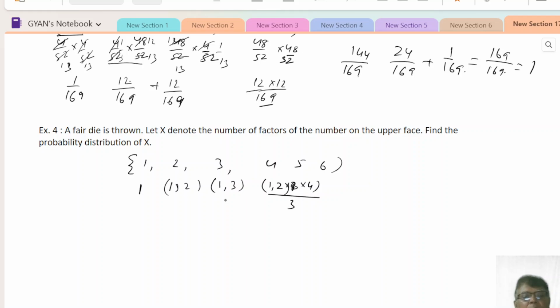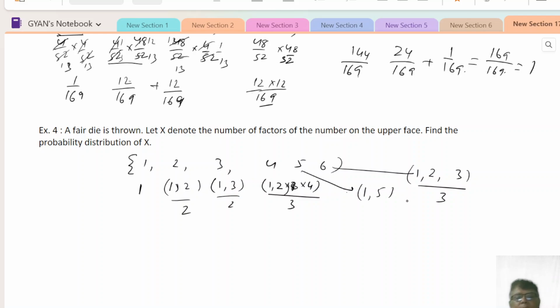So the number of factors is 3 for 4, and 2 for 2 and 3. Here for 5, the factors are 1 and 5. For 6, the factors are 1, 2, 3, and 6, so the number of factors is 4.